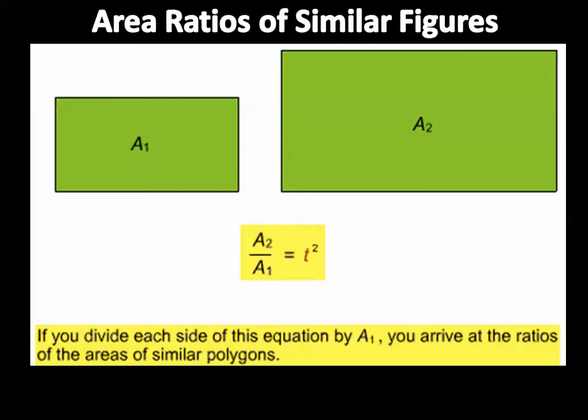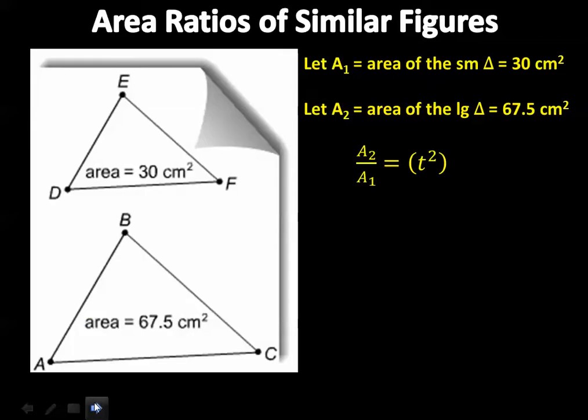Now we've developed a formula for the area ratios of similar figures. We also found that the ratio of the areas of similar figures is equal to the square of the scale factor. So, area ratios of similar figures.